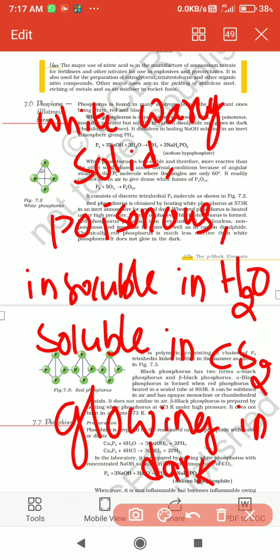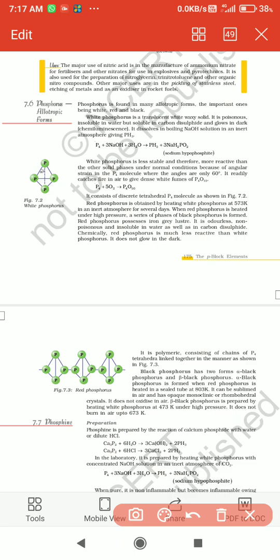It is insoluble in water but soluble in carbon disulfide, and it glows in the dark. When white phosphorus reacts with sodium hydroxide and water, it produces phosphine, PH3, and sodium hypophosphite.